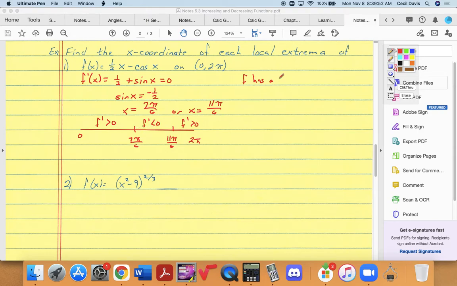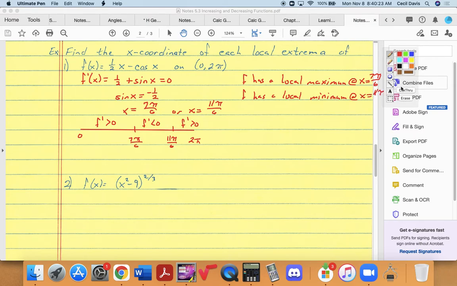So we must have a local maximum at x equals 7 pi over 6. What happens at 11 pi over 6? The minimum. Yes, f has a local minimum at x is equal to 11 pi over 6.